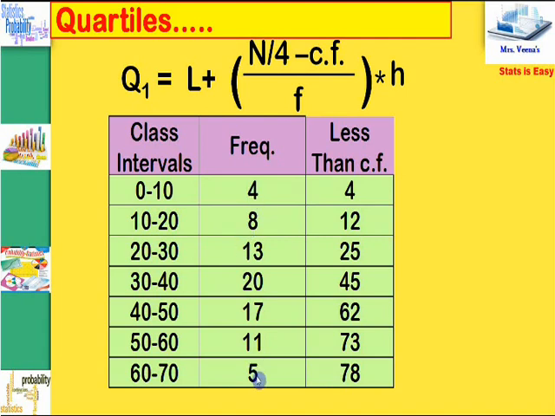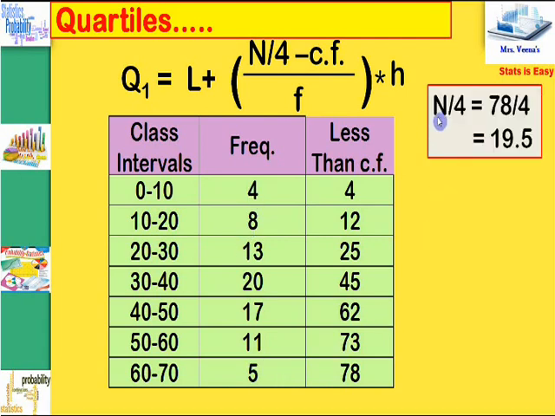The total frequency is 78. Now find n by 4. Total frequency divided by 4 is 19.5. Now compare this value with less than cumulative frequencies to find the Q1 class. 4 less than 19.5, 12 is also less than 19.5, 25 is greater than 19.5 for the first time.